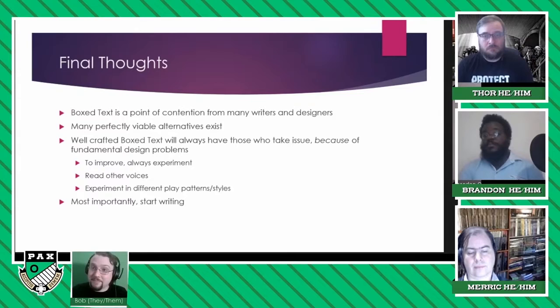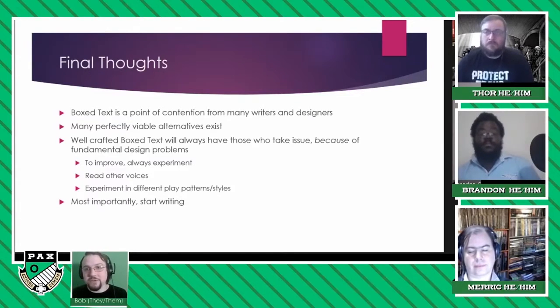You have to be experimenting if you hope to improve. You have to find people outside of your little circle to pull and grow from. And you have to take those lessons from playing and engaging with other people and add it into your own play style. But I will note that the most important element for improving yourself as a writer is the old de facto. You gotta start writing.